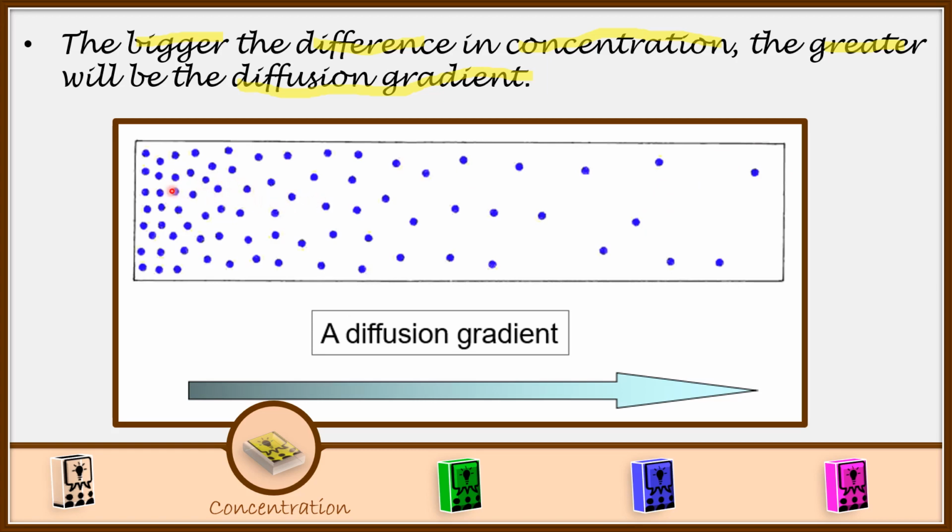And if we have a bigger difference in the concentration of the molecules on both sides, then we are going to cause a greater diffusion gradient. And that will cause diffusion to be very fast.